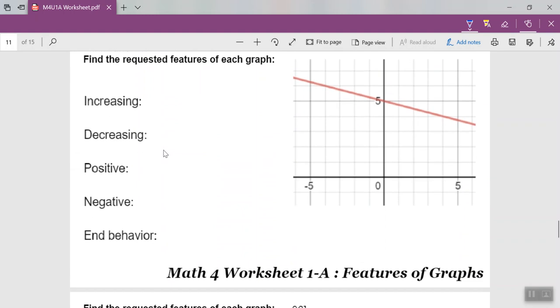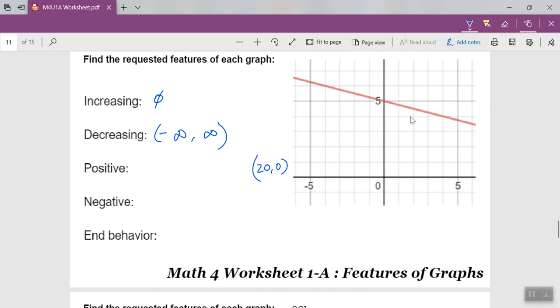And the increasing and decreasing gets interesting. It is never increasing. It is always decreasing. And we said earlier that when it reached the point of 20 and 0, that's when it crosses the x-axis.